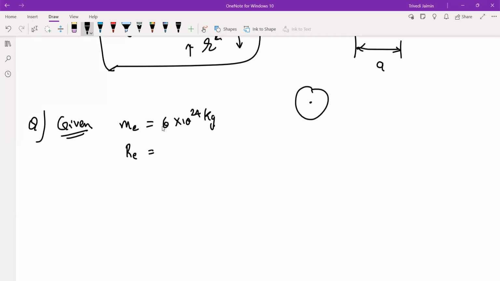Radius of Earth is given as 6400 into 10 to the power 6 meters. Then calculate g for Earth. Give me 3 digits after the decimal.